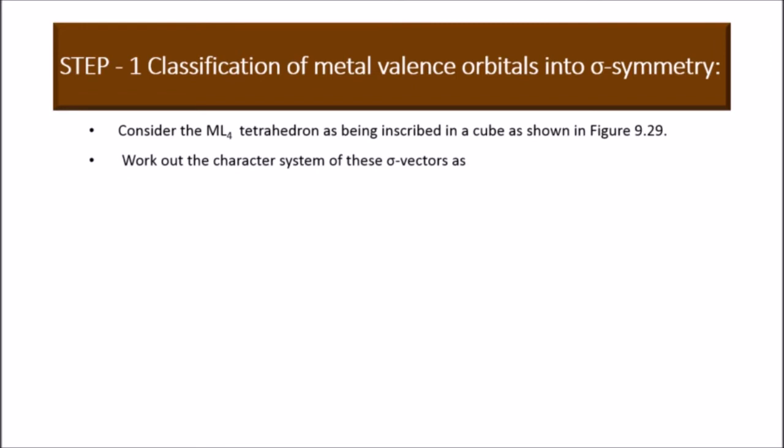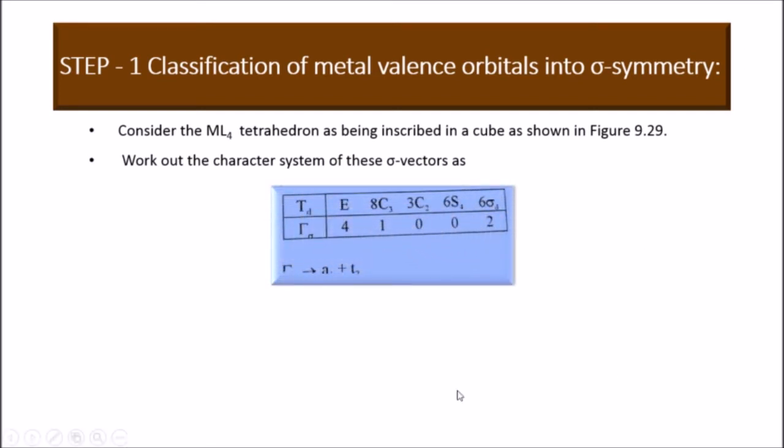Work out the character set of the sigma vectors from the tetrahedral character table. A instead of A1g and T instead of T2g, so here g and the number will not be there. This A indicates a singly non-degenerate orbital and T indicates a triply degenerate orbital, and a triply degenerate orbital is symbolized only by T.